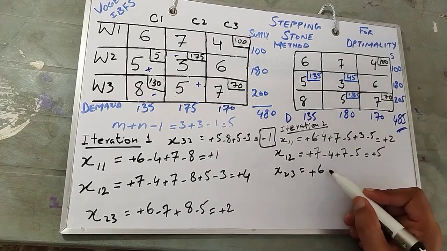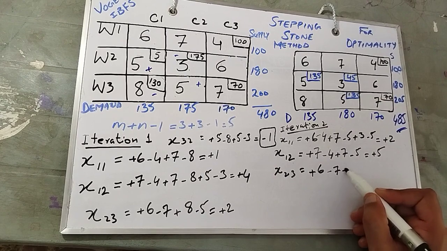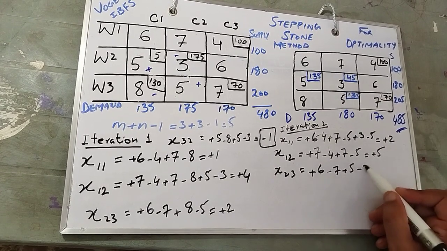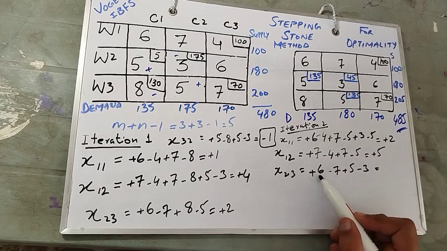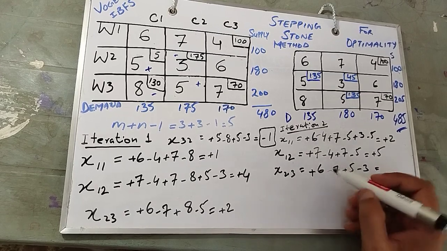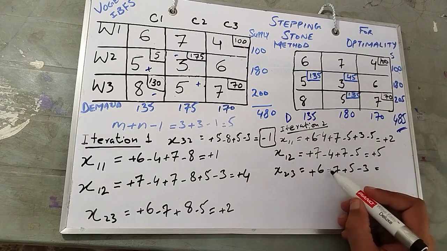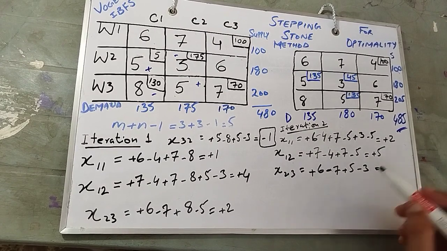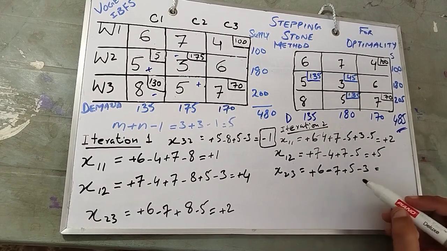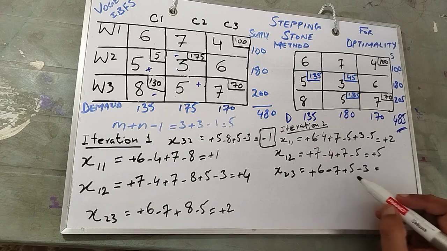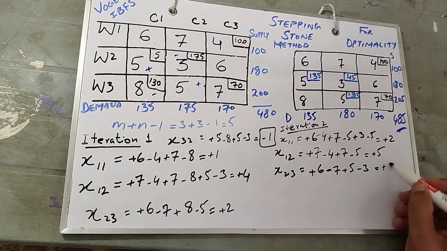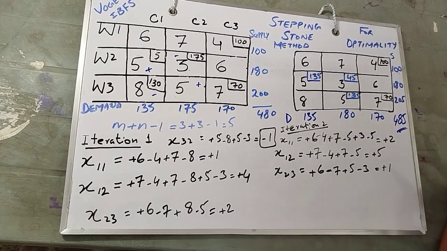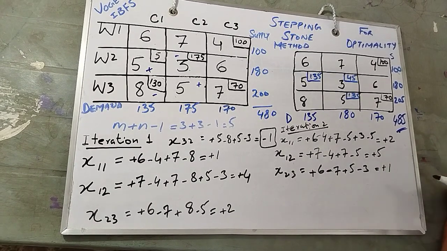Plus 6, minus 7, plus 5, minus 3. That's how we are done with this. Plus 6 minus 7 is minus 1, plus 5 is plus 4, minus 3 is plus 1. So we have got the positive answer.